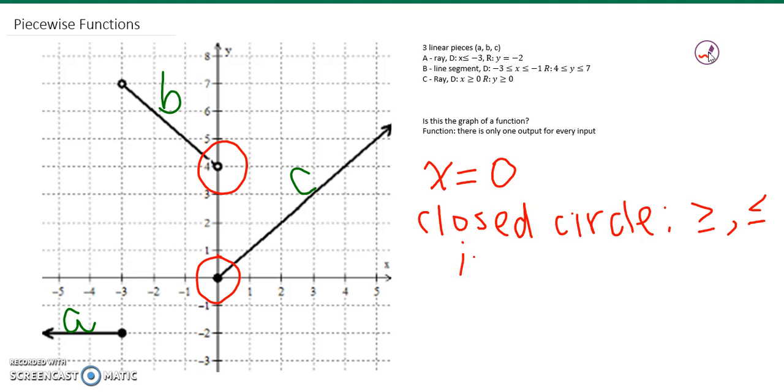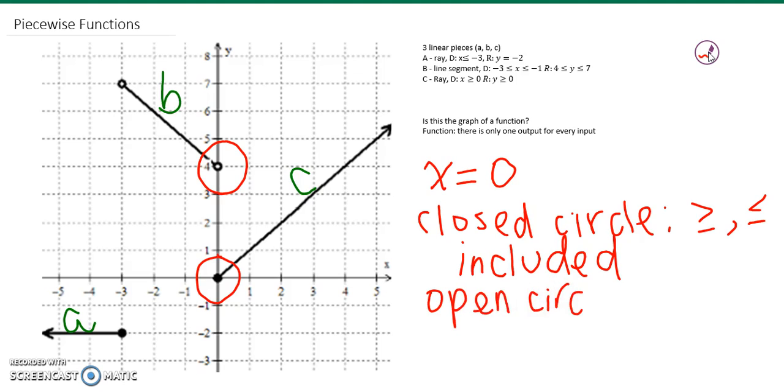And this means that the point is included as a solution. An open circle can be represented by the symbols greater than or less than, and means that this point of x is not included in the function.